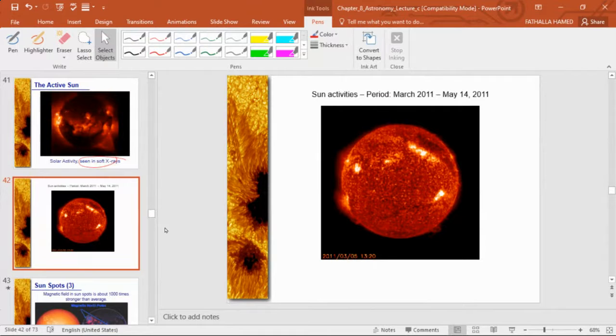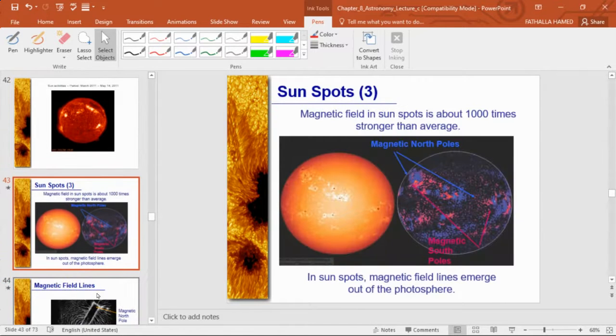So the sun is active, producing all of these electromagnetic waves that come toward us, and we can study all of these. When it comes to sunspots, we learned that the temperature is lower.